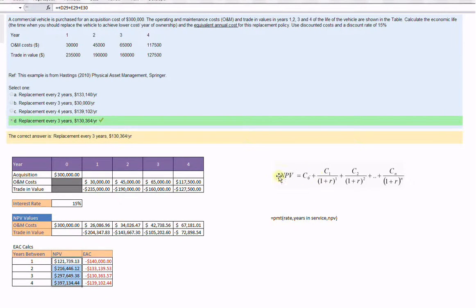So the NPV formula is given here, and recall that, let's just take one term, the NPV of any one of these values is equal to that value divided by 1 plus the interest rate, so in this case 1.15, all raised to the power of the number of years from now till then.